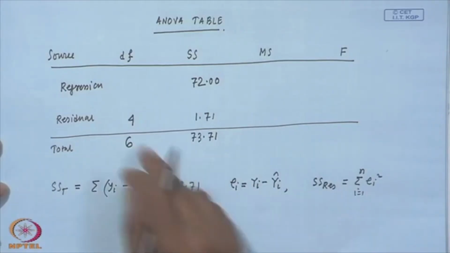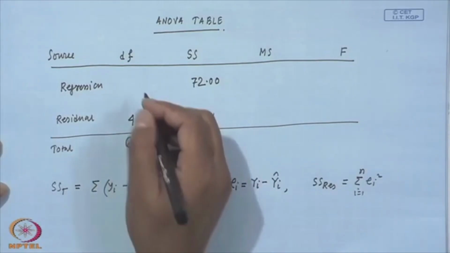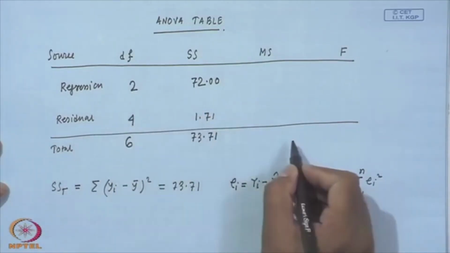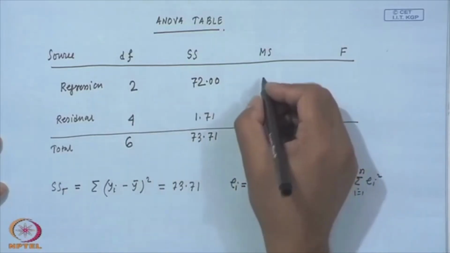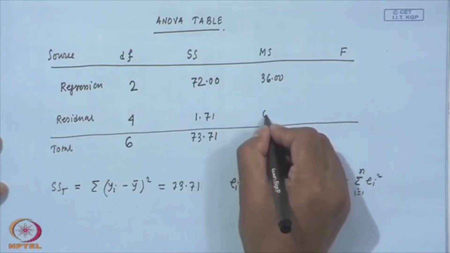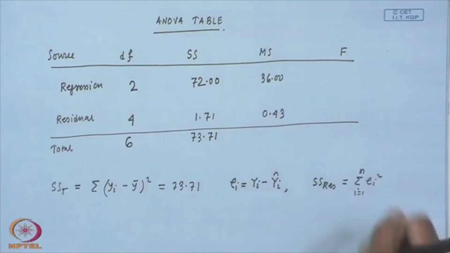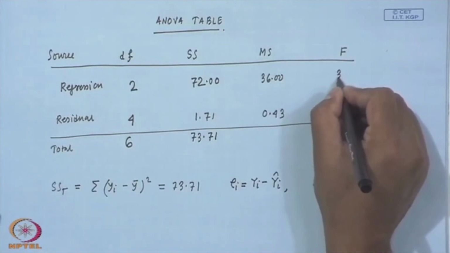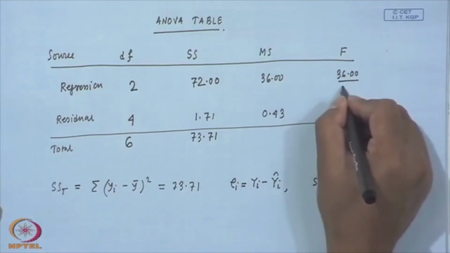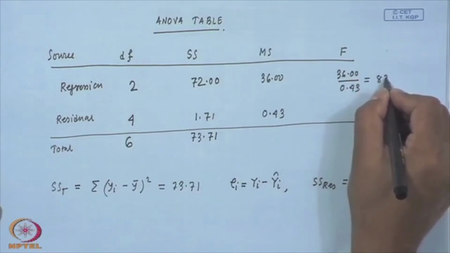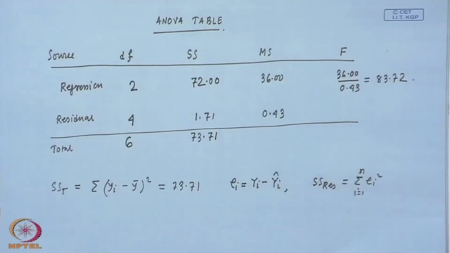So, the degree of freedom for the residual is 4 and the regression has degree of freedom 2. Now you can compute the MS values. MS values are 36 here and this is 0.43. So, the F statistic value is 36.00 by 0.43, which is equal to 83.72.